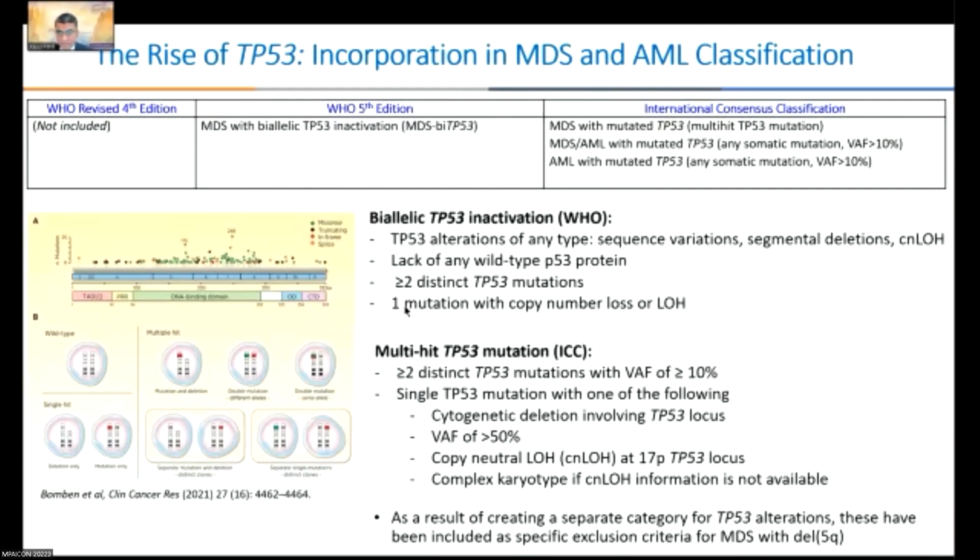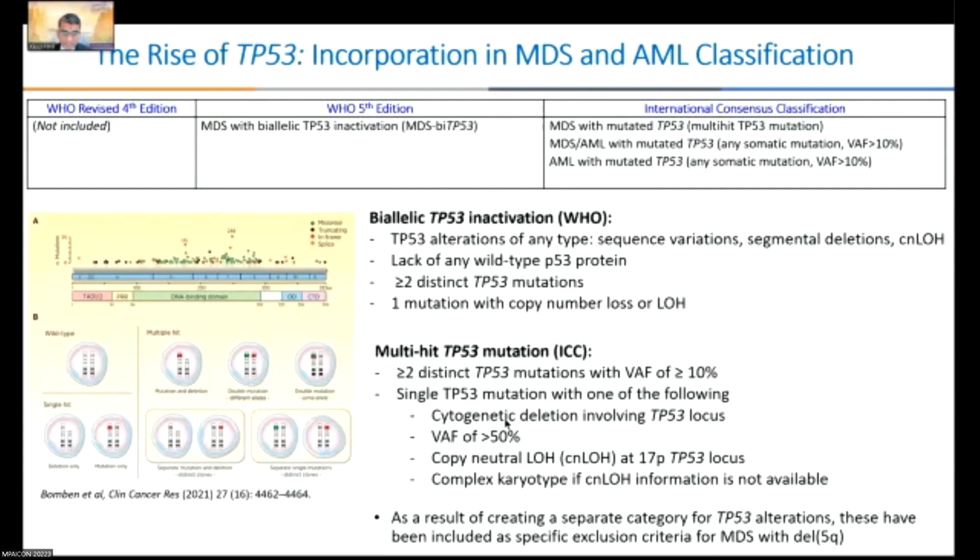Similarly, one mutation and one copy number loss, or LOH, can also be considered a biallelic mutation. On the other side, the ICC classification actually introduces a VAF requirement. So two distinct P53 mutations with more than 10% VAF, or if there is a single mutation, then the requirements are slightly different.